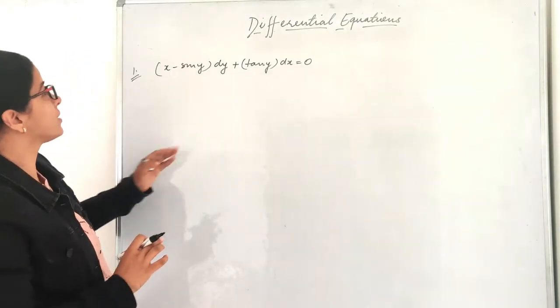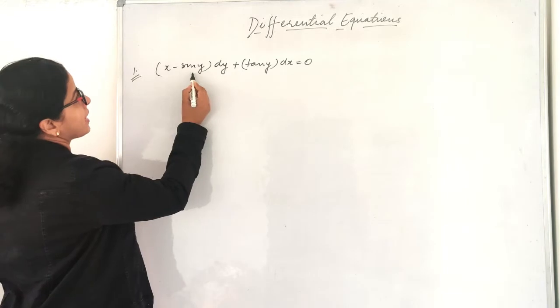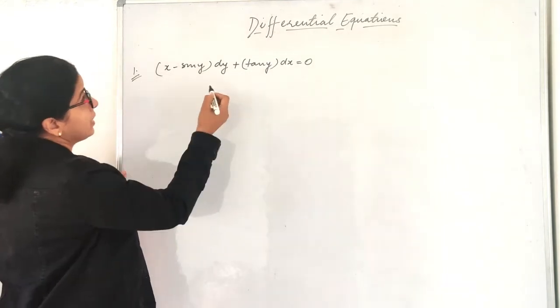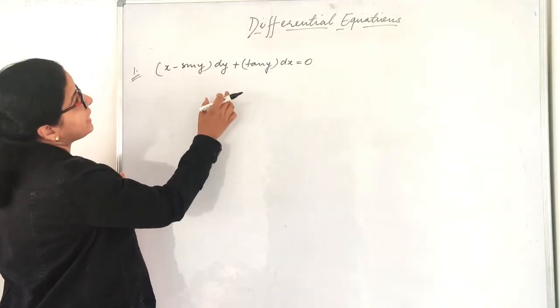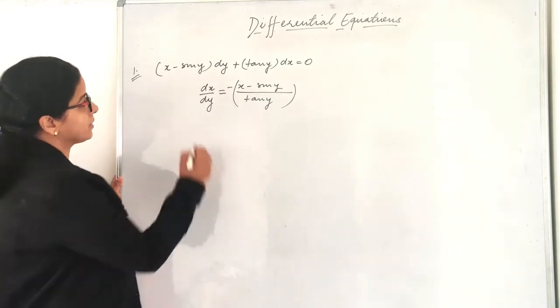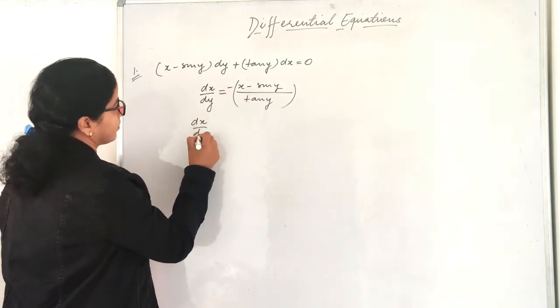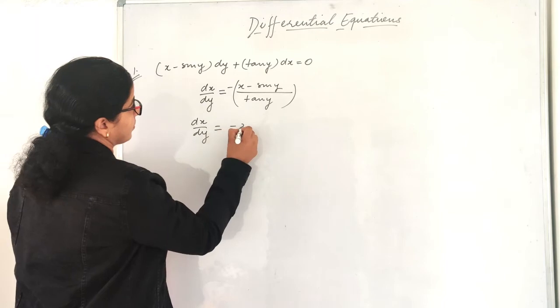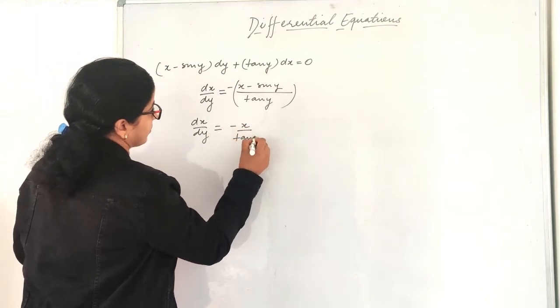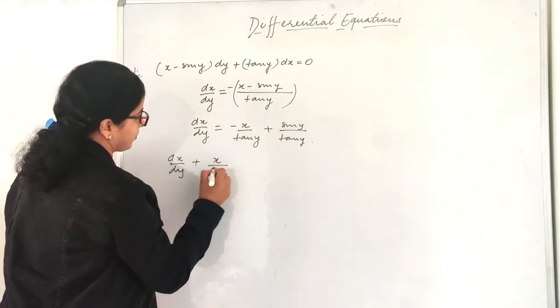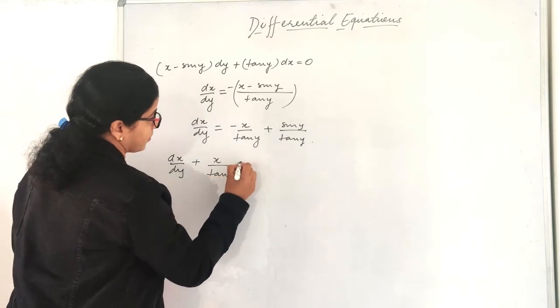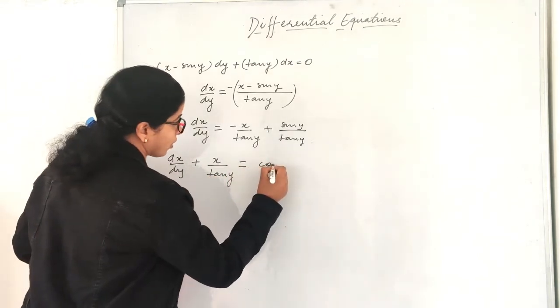So now let us take this question: x minus sin y dy plus tan y dx, right? We will first write it in the form of dx upon dy, right? So this is cos y.